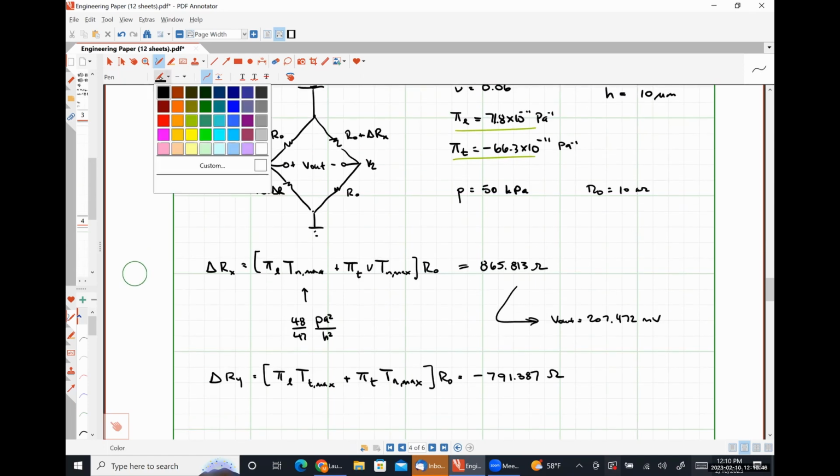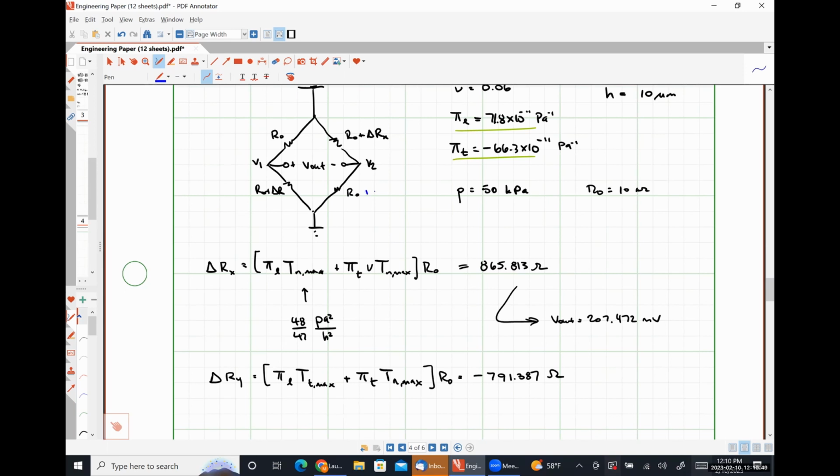How that would modify our measurement circuit is we'd have plus Ry here and plus delta Ry here. So one resistor is getting larger, the other resistor is getting smaller. And so you're going to see that the voltage on both sides of the ratiometric sensing is a little bit bigger.